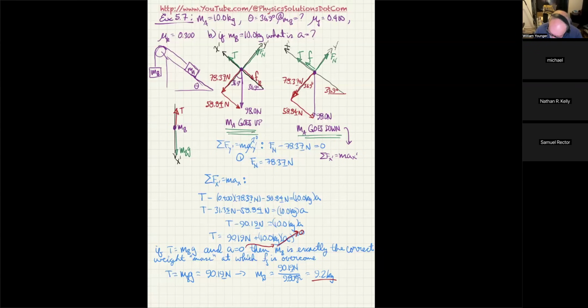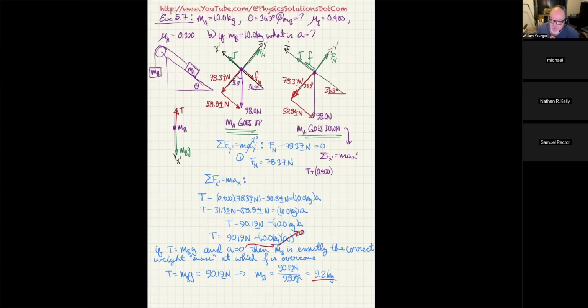Now, in this case, we're going to take just the x components. We already got the normal force, all that stuff. But in this case, we've got the tension and the friction are both positive. So this is going to be T plus 0.40. By the way, I'm taking some liberties here. I'm actually allowing the static friction to be the largest value possible because that's the critical value at which the mass becomes just enough.